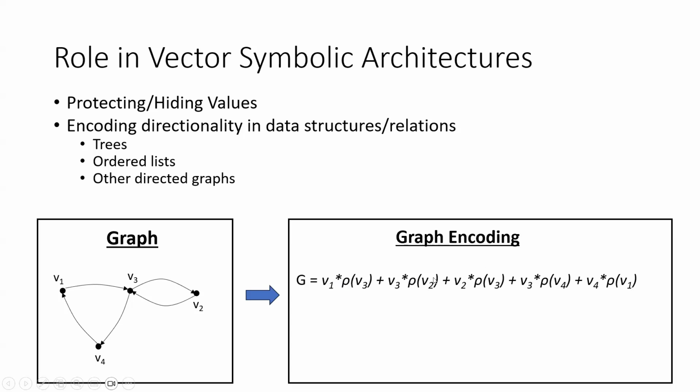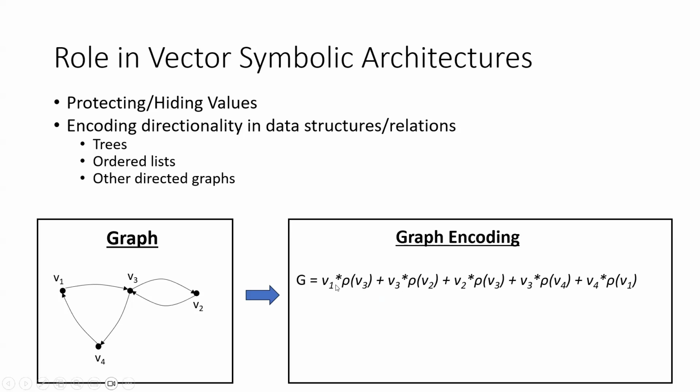And so by encoding the graph in this way, we can subsequently pull out information about the graph, such as which vertices you can get to from a given initial point. There have been a couple of different approaches involving different uses of bundling and binding for these encodings.